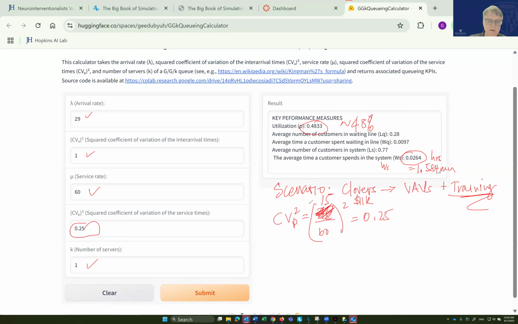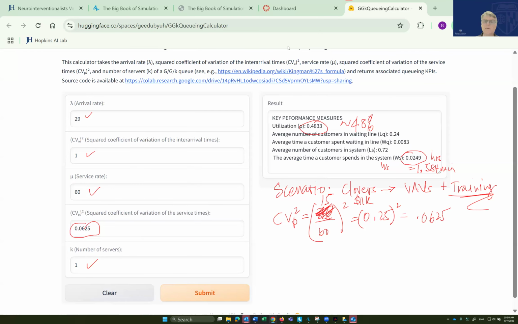Okay, and so this is 0.25, and so 0.0625. In other words, this is a 16th. All right, so let's plug it in. 0.0625.